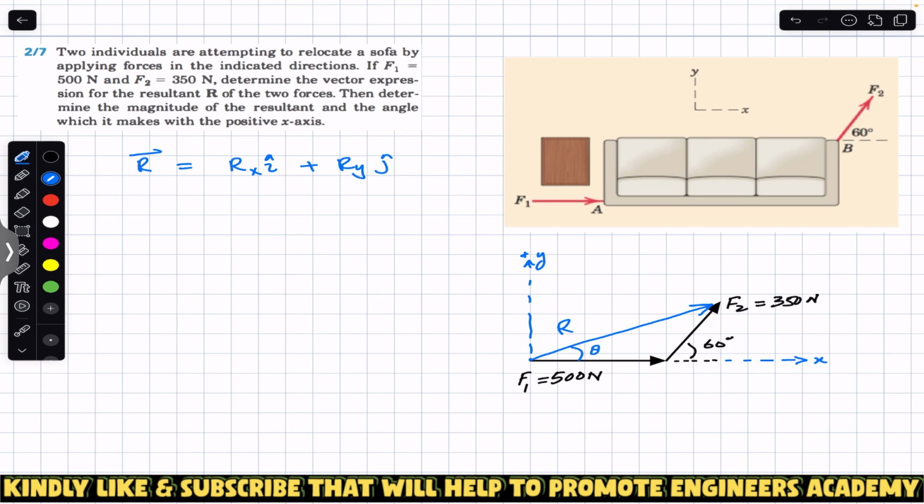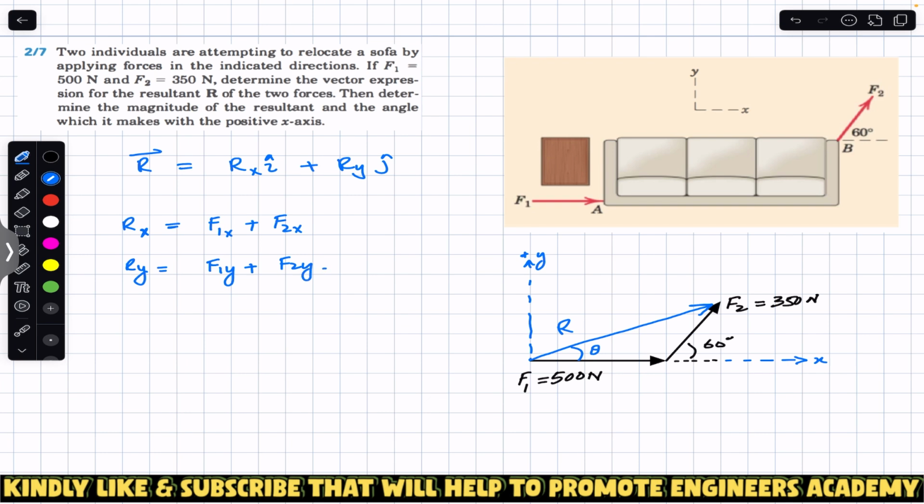And remember that Rx, the scalar component of the resultant in the x, will always be equal to the vector sum of the x components, or we can say that if we add the x component of both the forces, F1x plus F2x, this will give us the scalar component of the resultant in the x, and similarly Ry will be equal to F1y plus F2y.